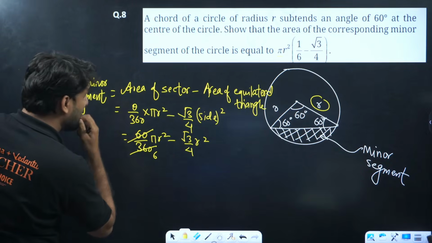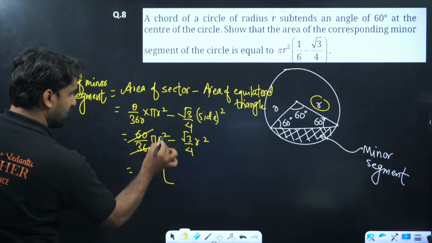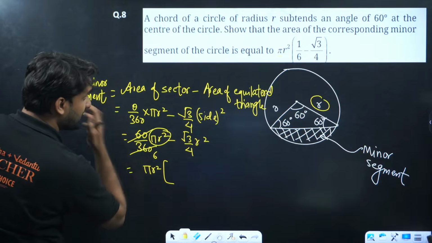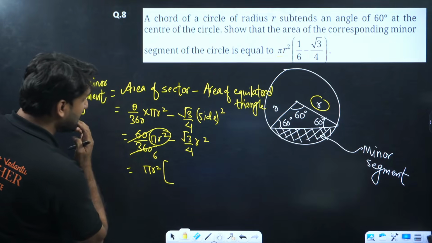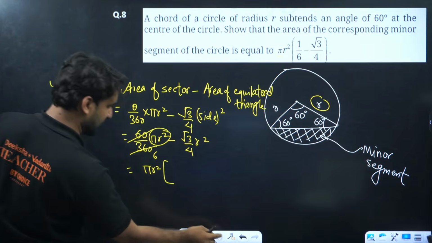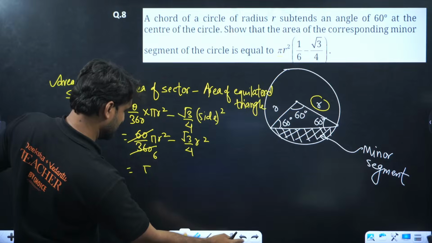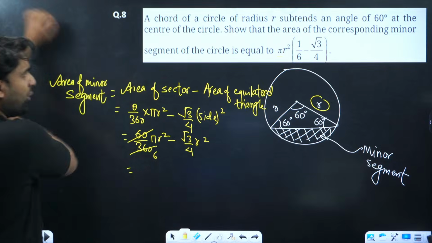So what can we take common, guys? We can take pi r square common, because pi r square is here, but pi is not there, no? So what can we do? Let's take r square common first.